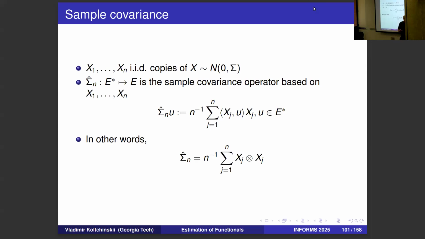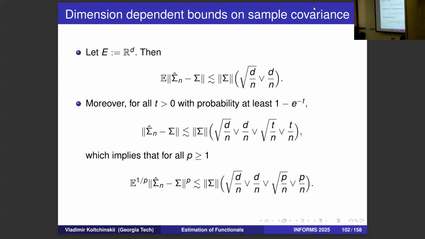And of course, the sample covariance could be used in this functional estimation method that we discussed, because it's exactly a sample mean, so we can just work with the sample covariance. So let's discuss what are the basic properties of sample covariances in this type of situation. What is the error bound of the sample covariance and things like this.